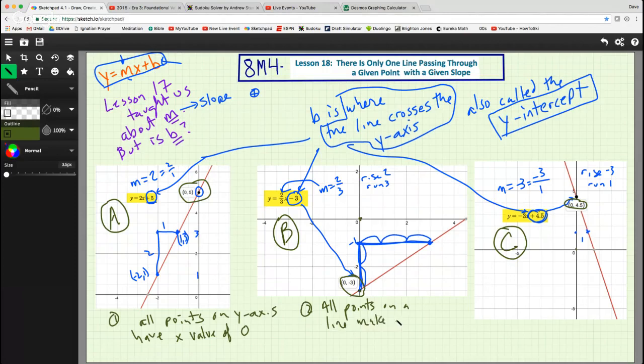make the equation true. So if I take this point (0, 5) and plug it into y equals 2x plus 5, it's got to make the equation true.